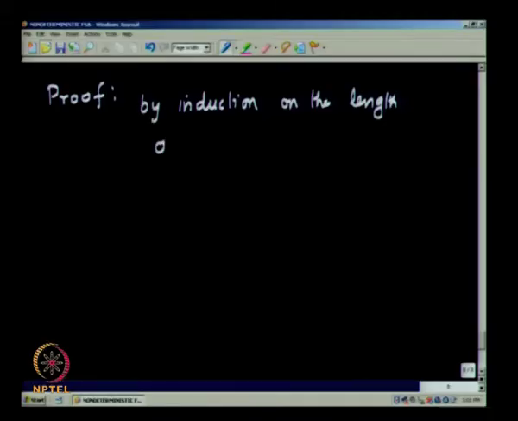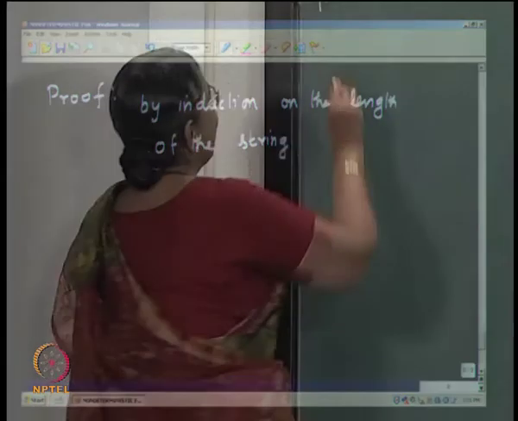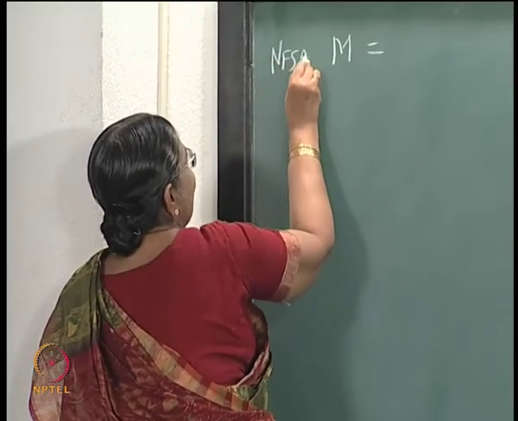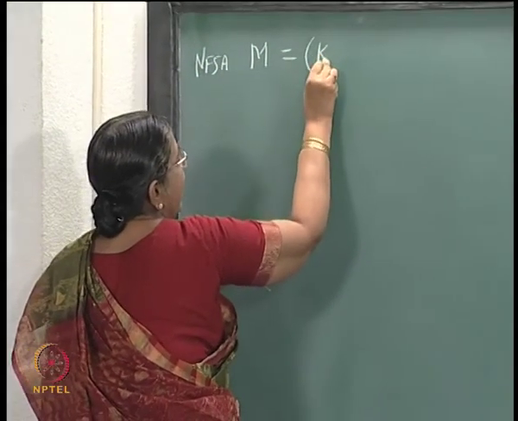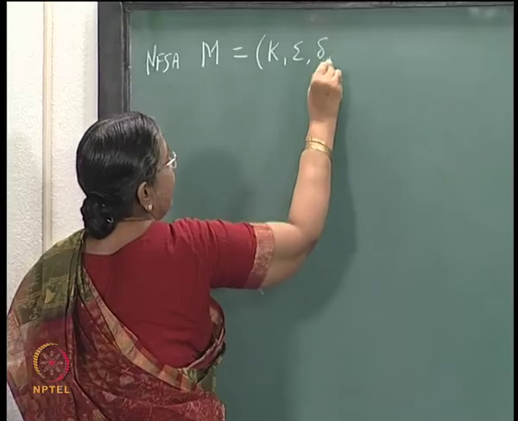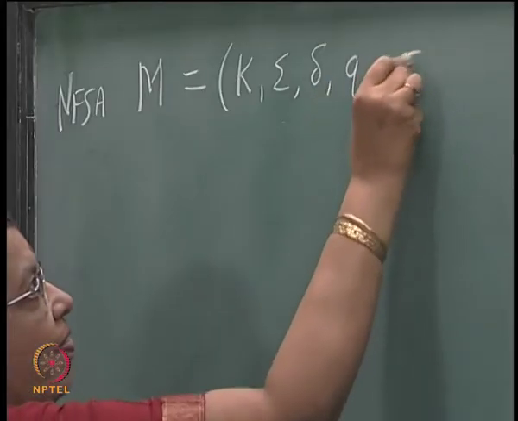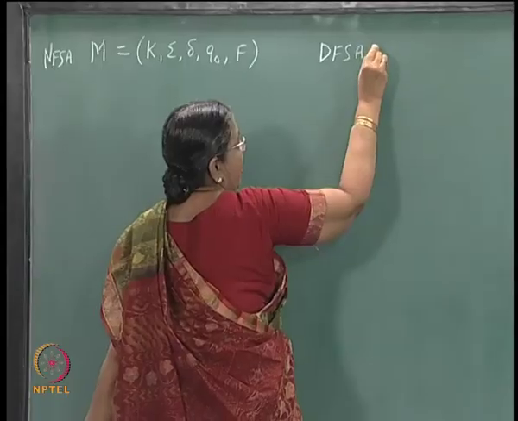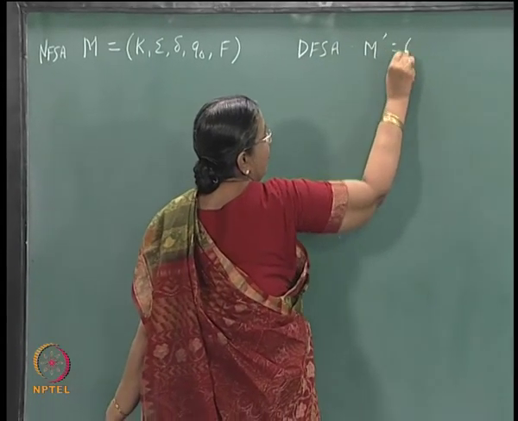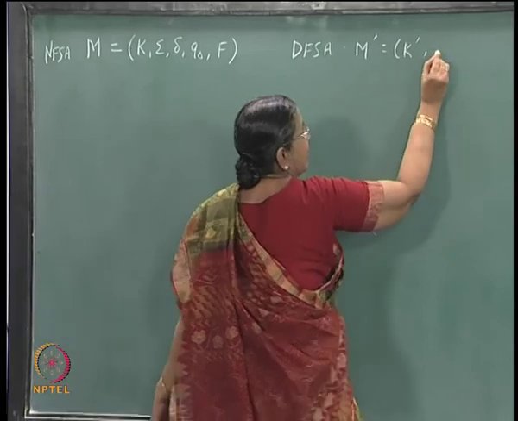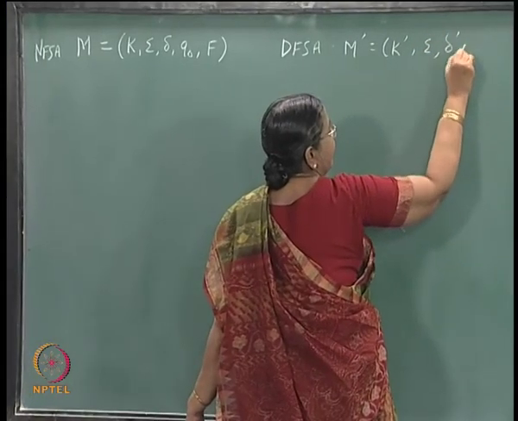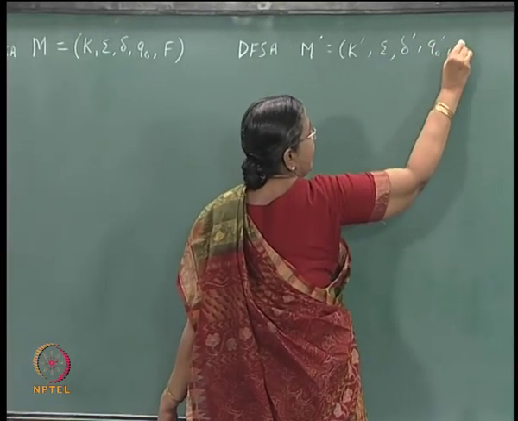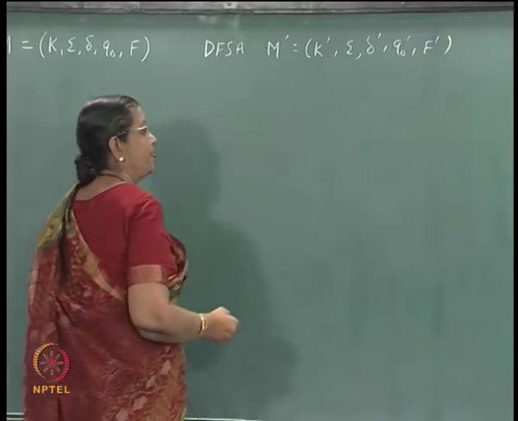You are given an NFSA K = (Q, sigma, delta, Q naught, F), and you are constructing a DFSA M dash = (Q dash, sigma, delta dash, Q naught dash, F dash).